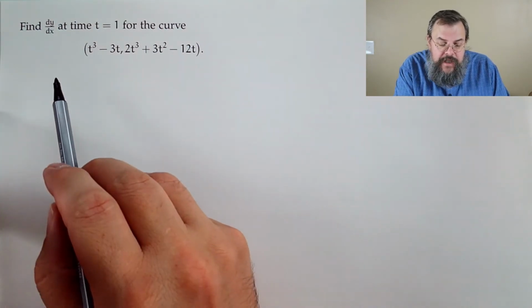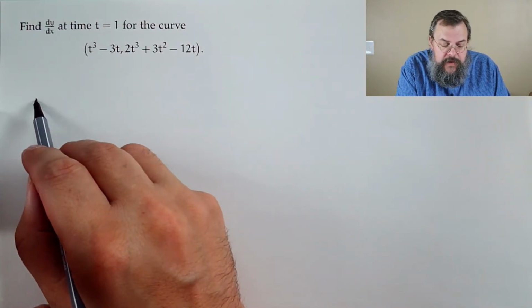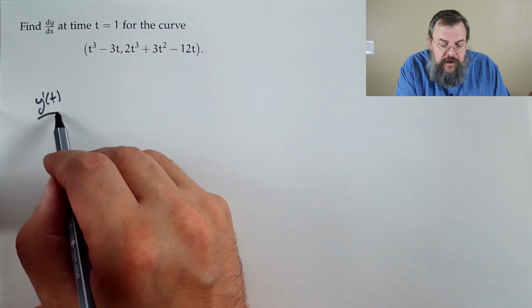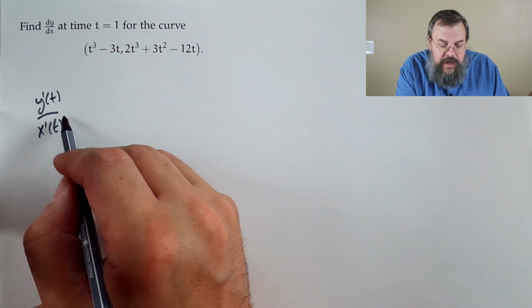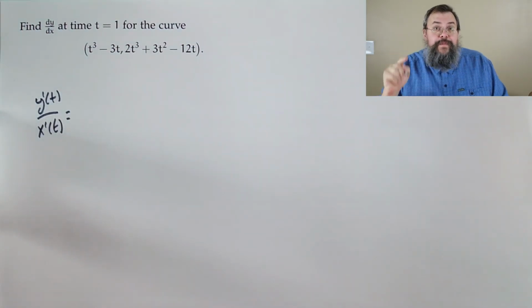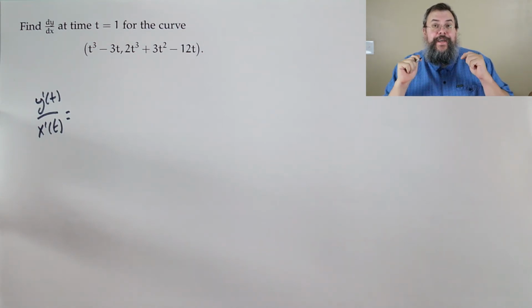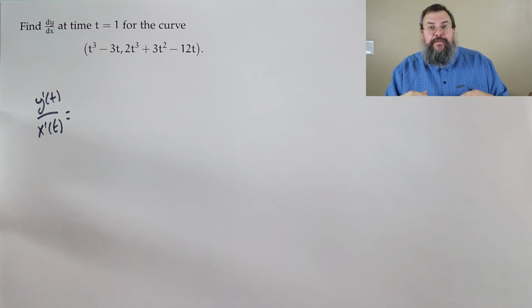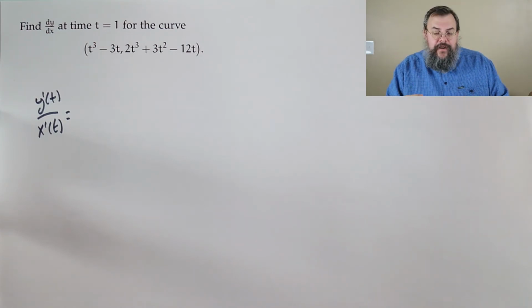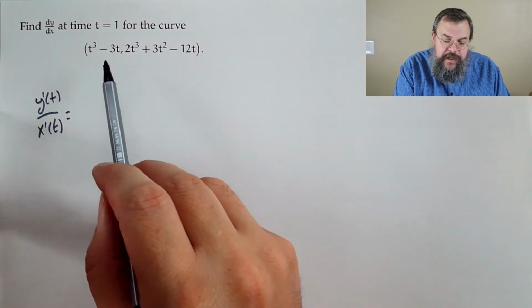When we're looking for dy/dx, we often write it as y prime of t over x prime of t. One of the biggest mistakes I personally make with parameterized curves is that when I'm not paying attention, I think, okay, I'll just do the first one and the second one.